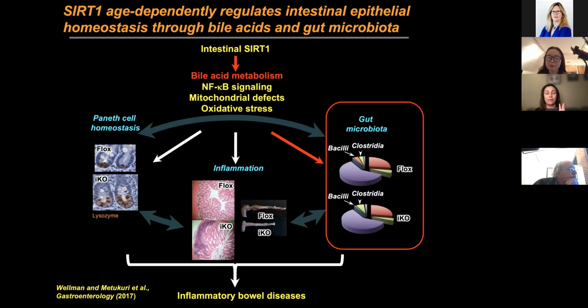We were also able to show that if we eliminated these diet-microbe differences, then the inflammation phenotypes of SIRT1 knockout mice are also gone. However, the hyperactivation of Paneth cell phenotypes seems to be independent of gut microbiota. So currently, we generated a Paneth cell specific SIRT1 knockout mouse model using Defa6-Cre, and we are characterizing the phenotypes of these mice.